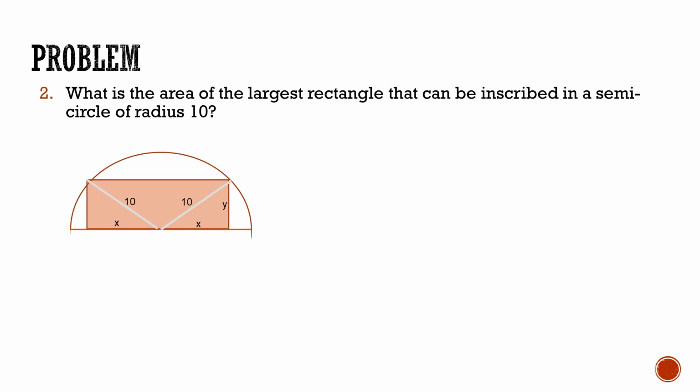So why do we need to have 2 x's there? Because we formed 2 right triangles out of the rectangle that is inscribed relating to the radius. Okay, that is why pinaghati ko yung dimension ng horizontal ng dalawang rectangle. So why do we need to do that?